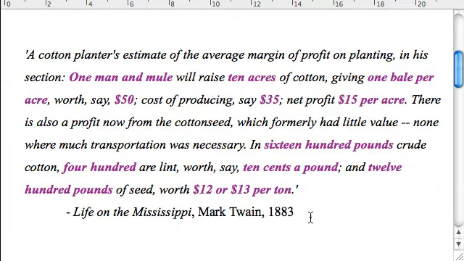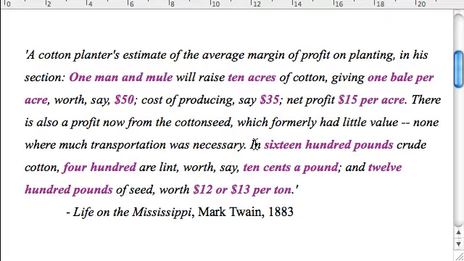Now let's look at the cotton seed situation. Listen closely. In 1,600 pounds crude cotton, 400 are lint, worth, say, 10 cents a pound, and 1,200 pounds of seed worth $12 or $13 per ton.